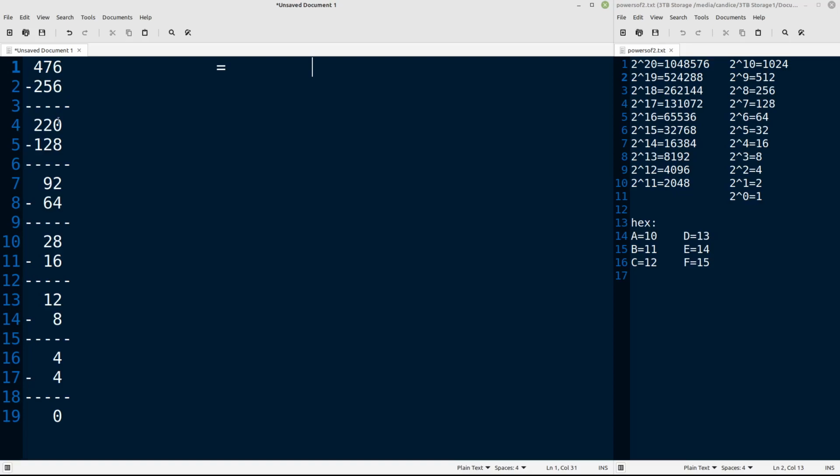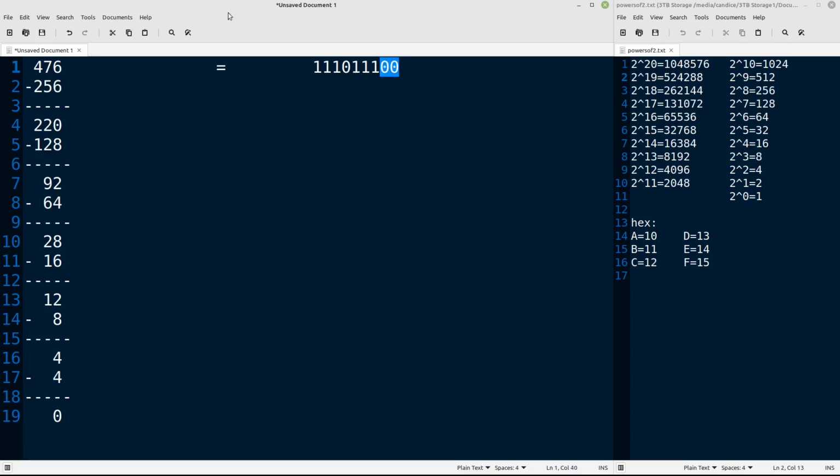So we subtracted out 256, we subtracted out 128 and 64, but we did not subtract out 32, so we put a 0. 256, 128, 64. We didn't subtract 32. We subtracted 16 and 8 and 4, but not 2 or 1. The trailing zeros matter.